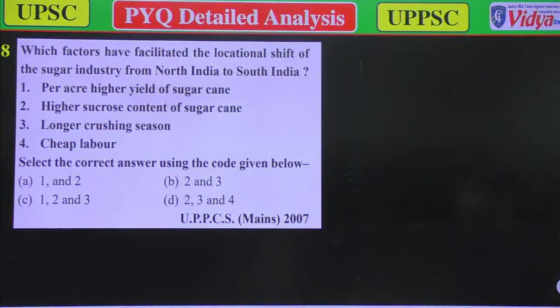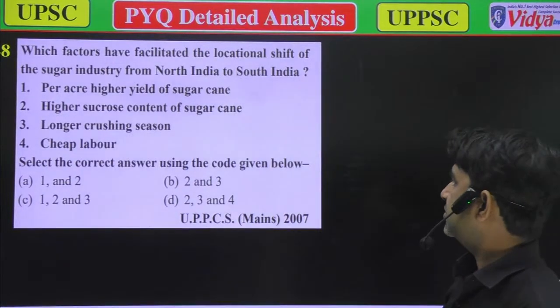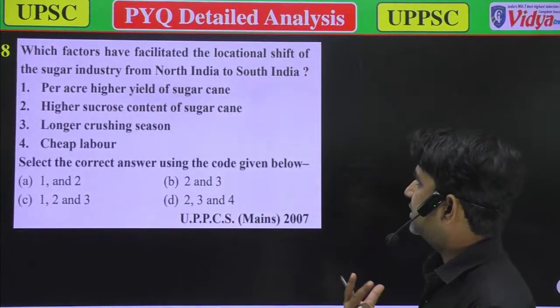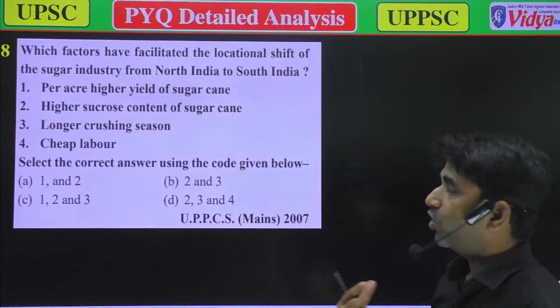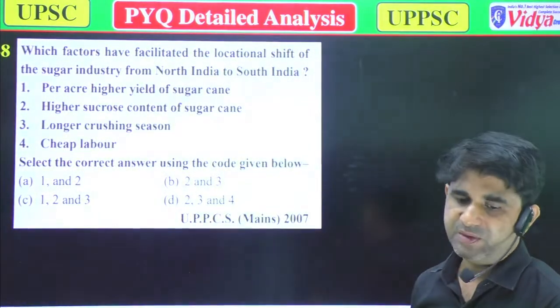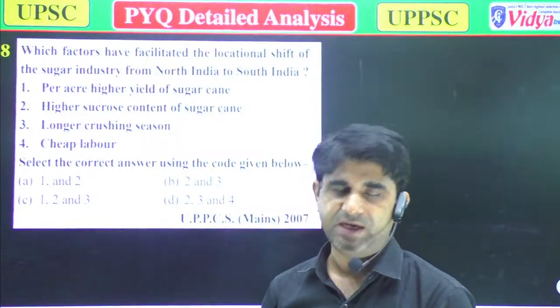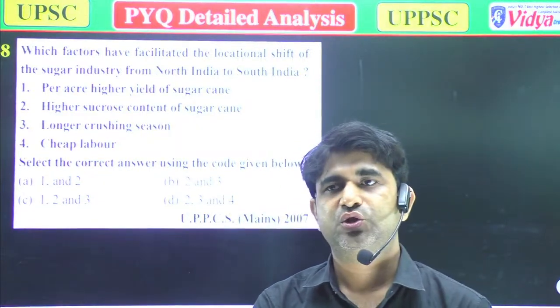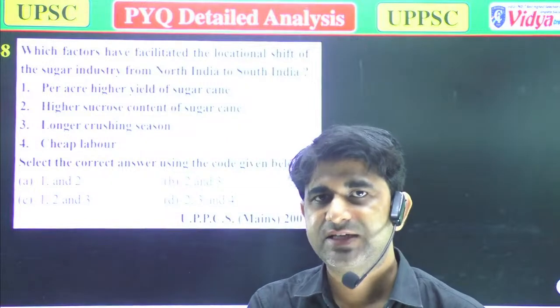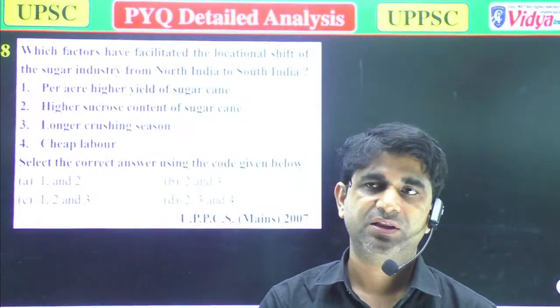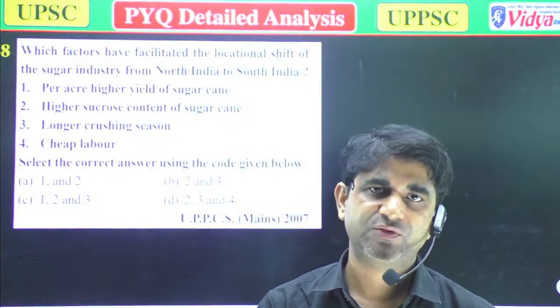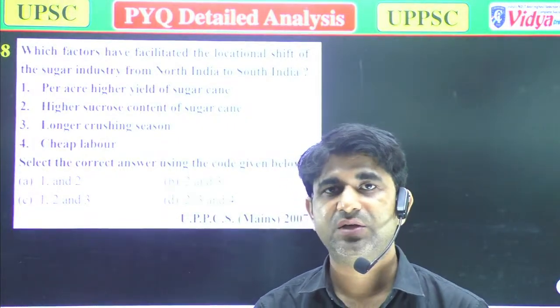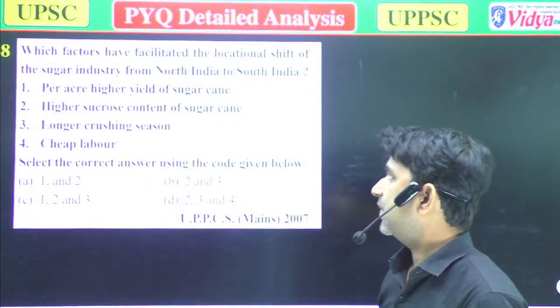Now the next question is, which factor has facilitated the location shift of the sugar industry from North India to South India? I'm sure all of you are aware that the sugarcane cropping area is decreasing day by day in the north belt compared to the southern belt, where it is increasing. So what is the reason behind that? Option A, higher yield of sugarcane per acre.